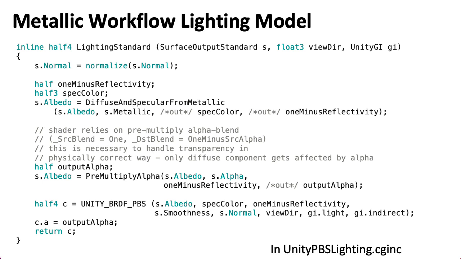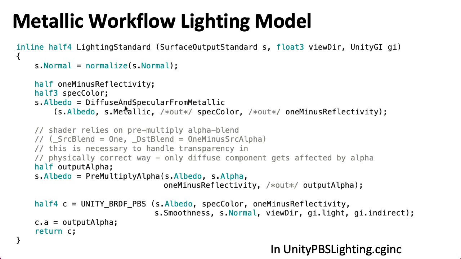It can also have specular color information in it. So it looks like DiffuseAndSpecularFromMetallic will produce an albedo as its actual output of the function, and then it produces the spec color using an output variable in the parameter list, and it's also going to output this one minus reflectivity.